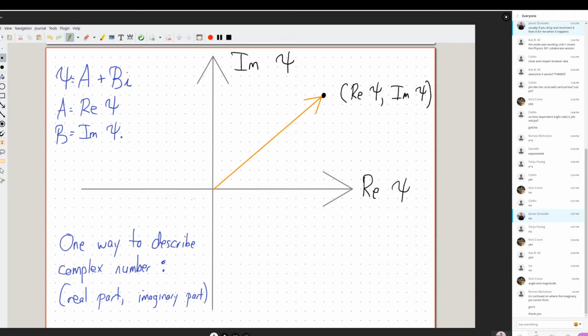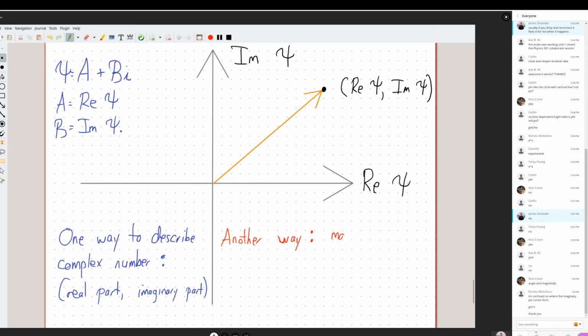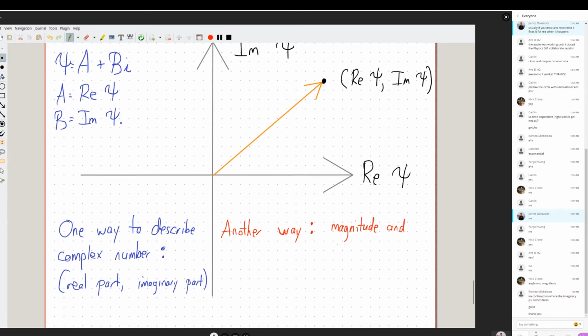So going back to Nick's insight, you could describe this in a more illuminating way: magnitude and angle.